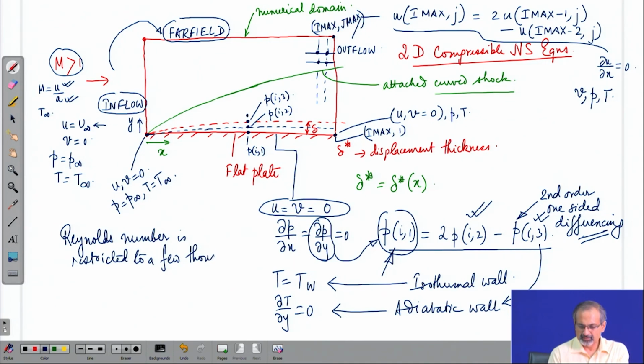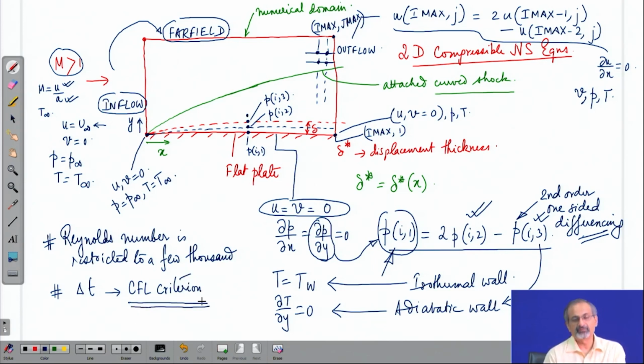So, that we are essentially computing a laminar flow, and for deciding the time step you can go in for the CFL criterion, but usually there is a slightly more advanced version of the CFL criterion available, because we have to account for 2D effect as well as viscous effects.